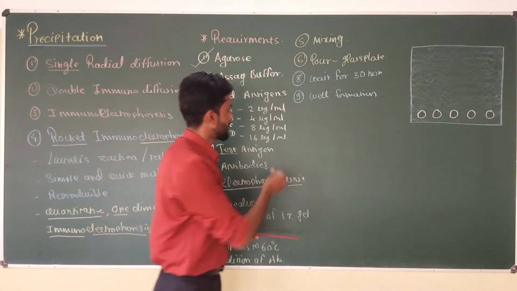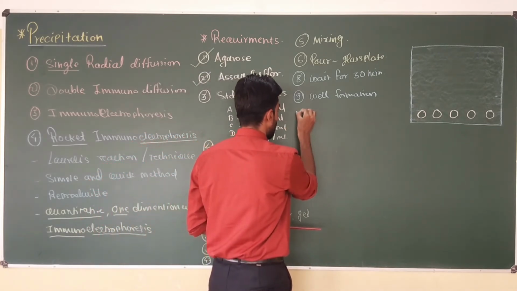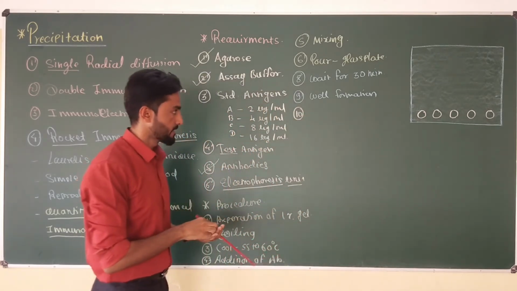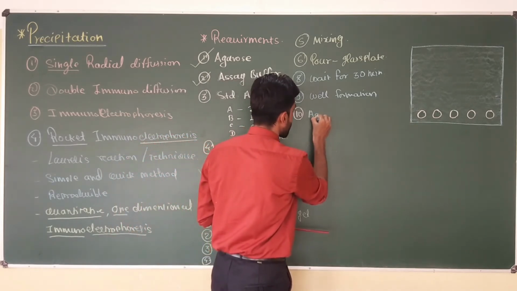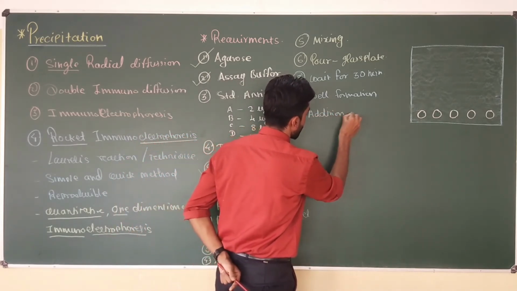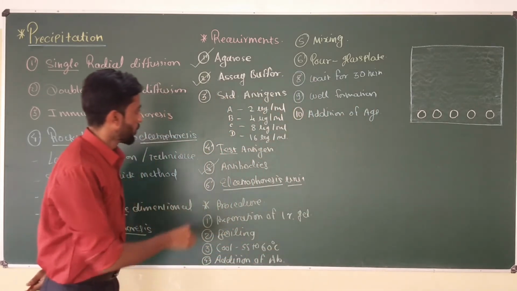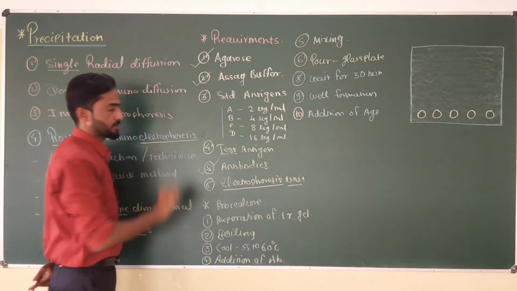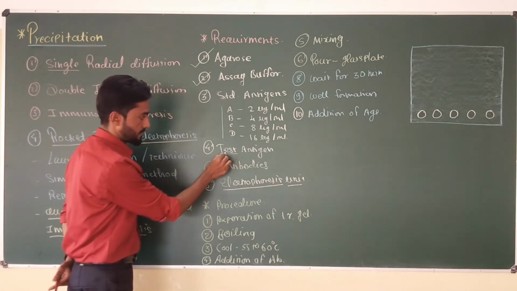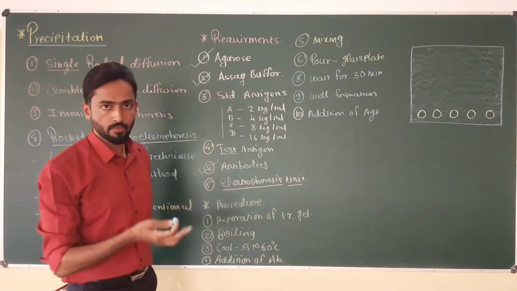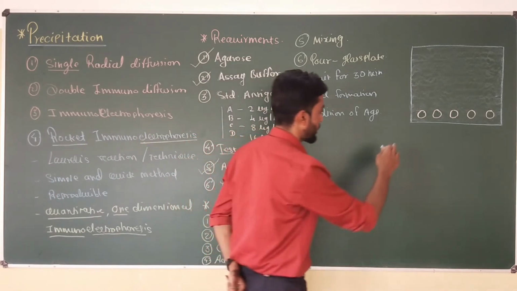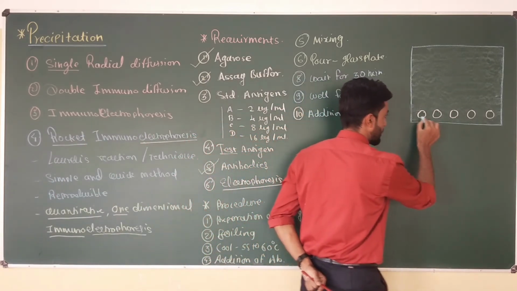The next step, after well formation, step number 10, is addition of antigens. Now we have 4 standard antigens with us and 1 test antigen. So we have a total of 5 antigens.